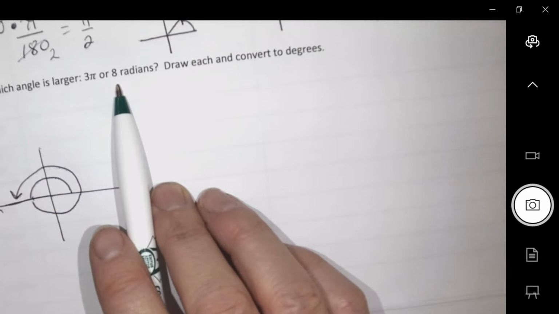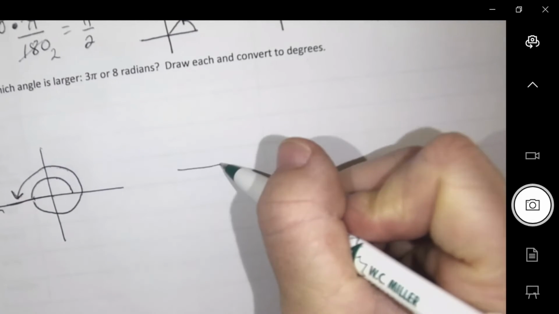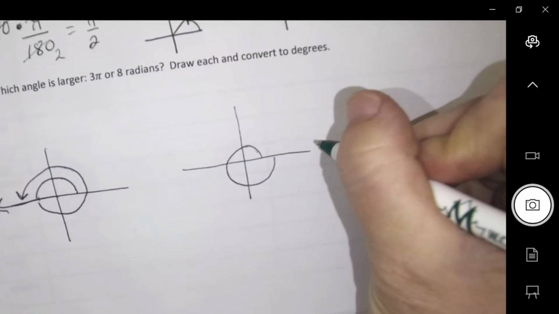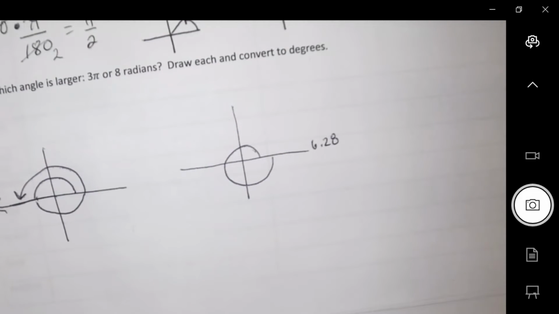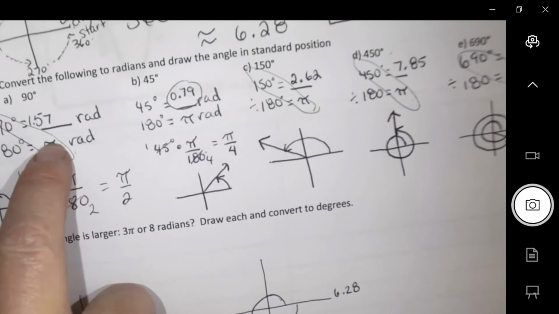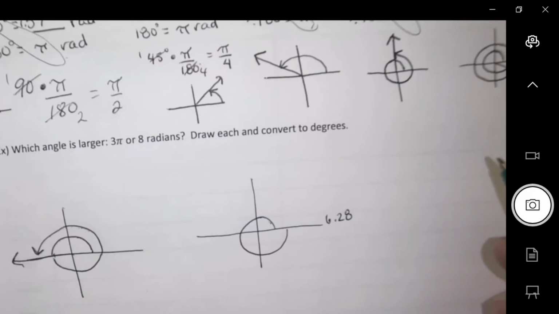Okay, 8 radians. I know that this is 6.28. And I knew that 90, going another 90 was 1.57.